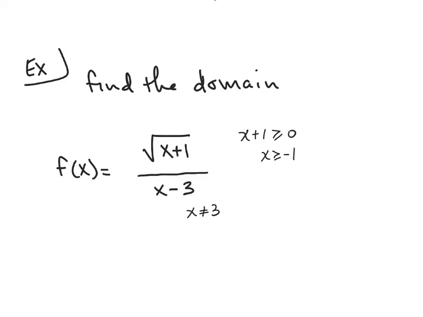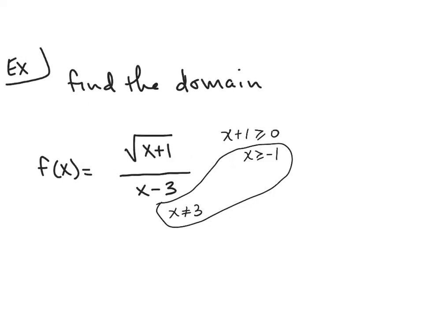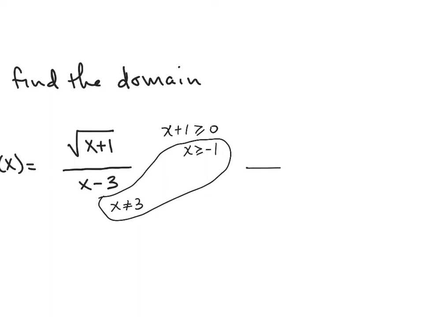So there's two parts to consider that are going to comprise our domain. x has to be greater than or equal to negative 1, but it also has to be true that x cannot equal 3. If we think about this on a number line, starting at negative 1, it includes negative 1, so I'm going to have a closed-in circle, and it needs to be greater than, so that's to the right.